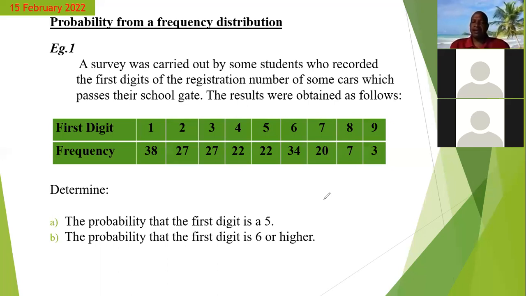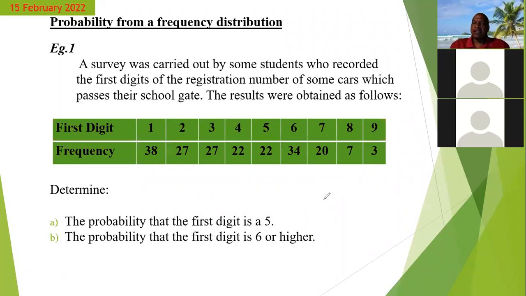As well as, after we have finished that one, we'll look at the probability of the first digit being 6 or more. Now, how many first digits have these students recorded in total?